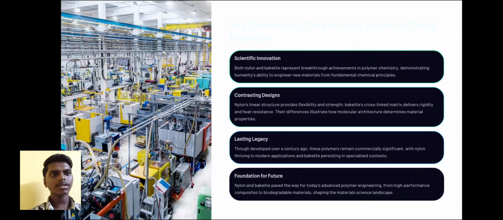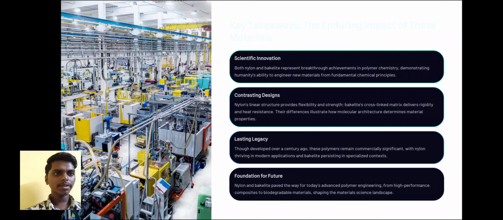Nylon's linear structure provides flexibility and strength. Bakelite's cross-linked matrix delivers rigidity and heat resistance. Their differences illustrate how molecular architecture determines material properties.